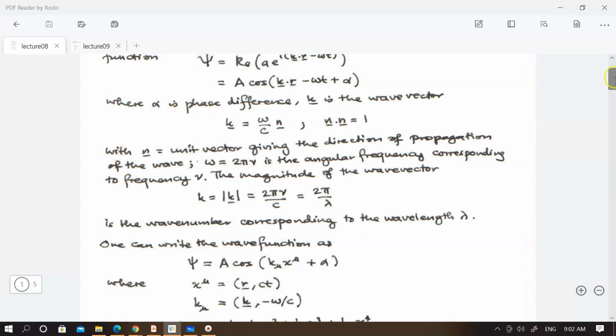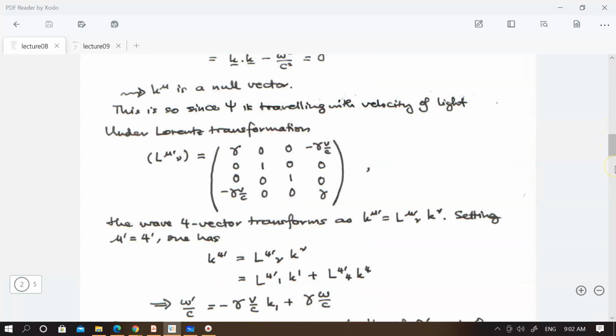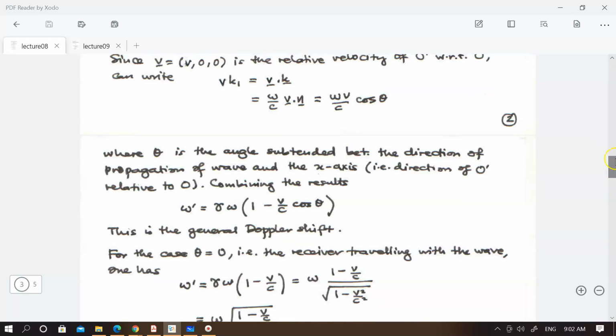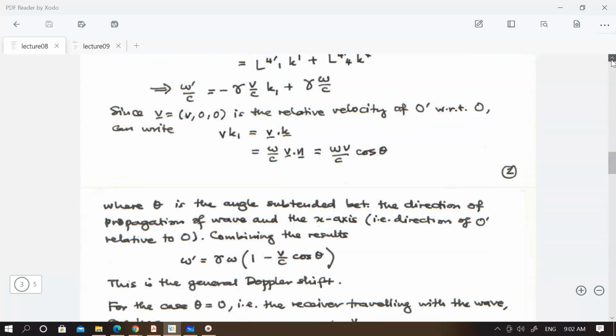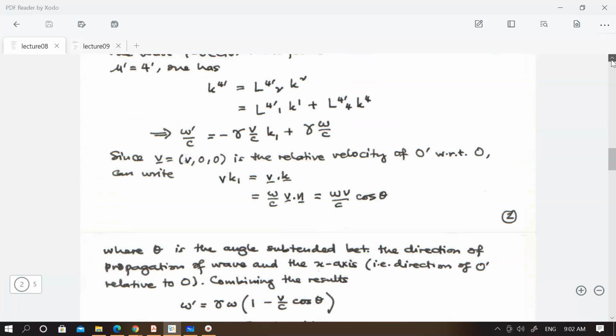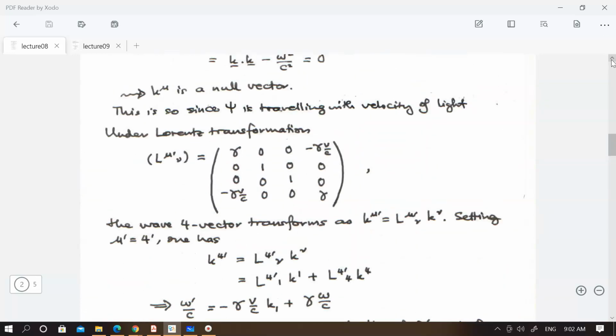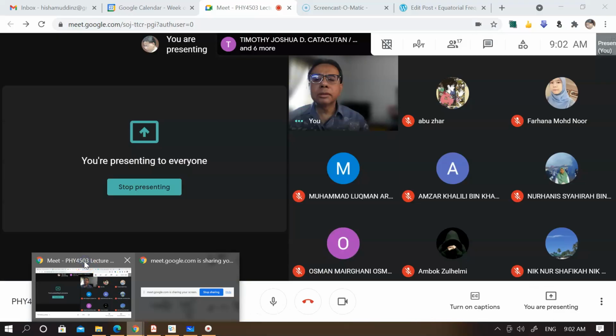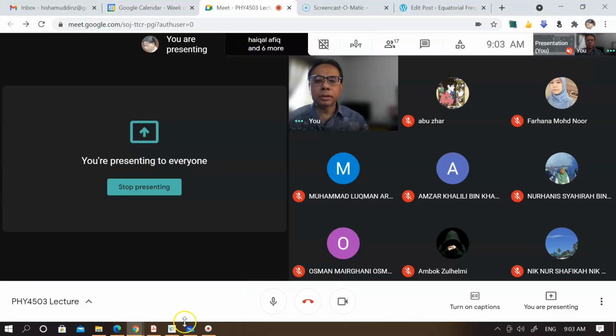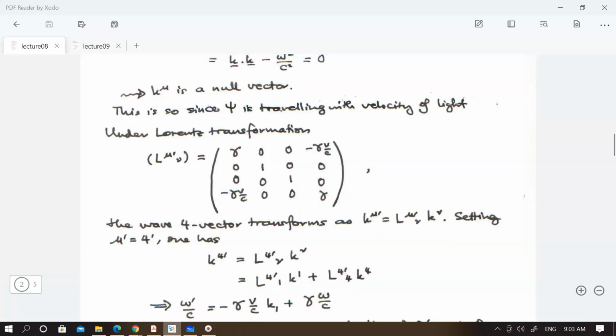Okay, I believe somewhere around here we talk about essentially how waves propagate inside a particular inertial frame. Let me just check. So let's go back here.